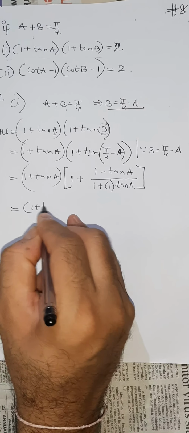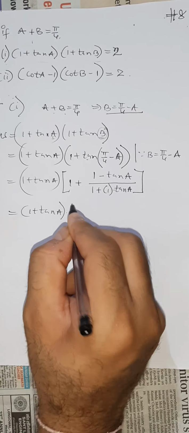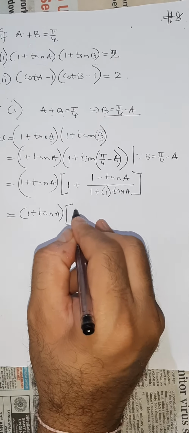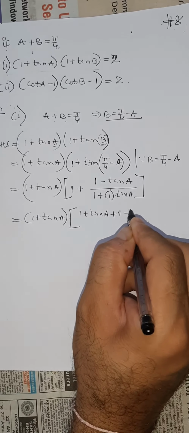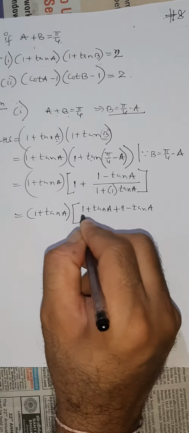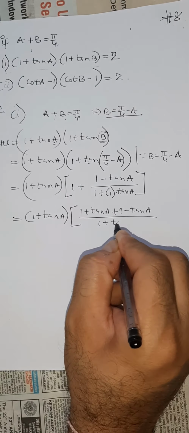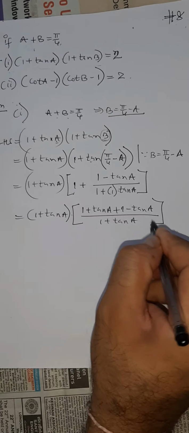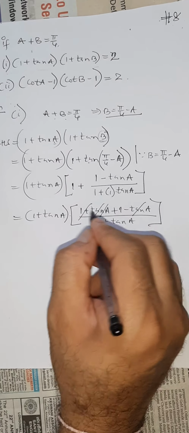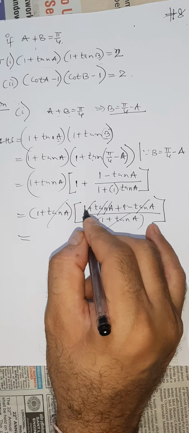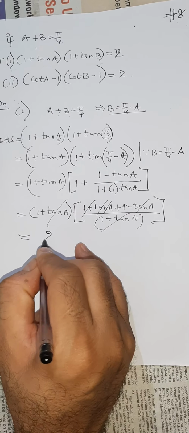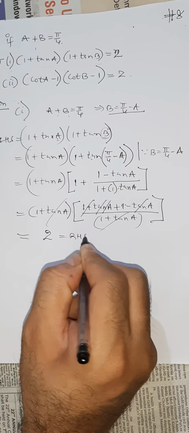So 1 plus tan a here. Take LCM here. So 1 plus tan a plus 1 minus tan a upon 1 plus tan a. This will get cancelled. 1 plus 1 is 2, which is RHS.